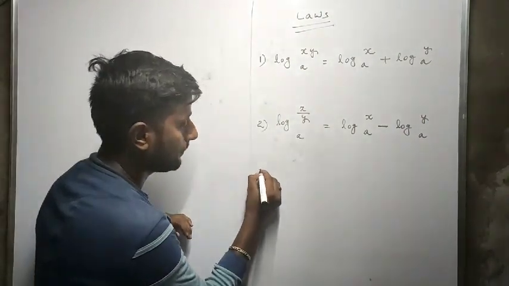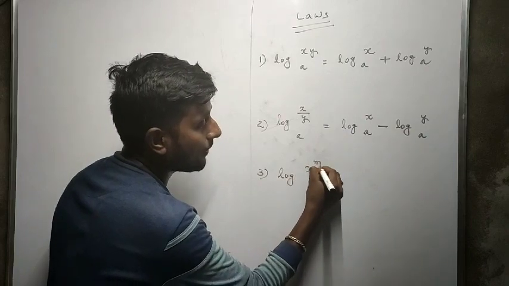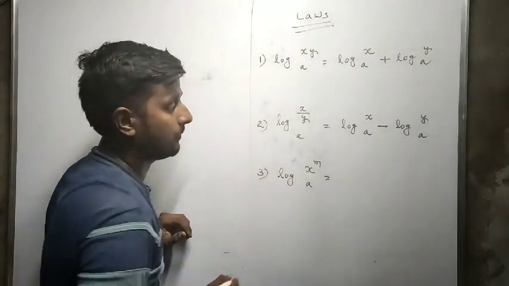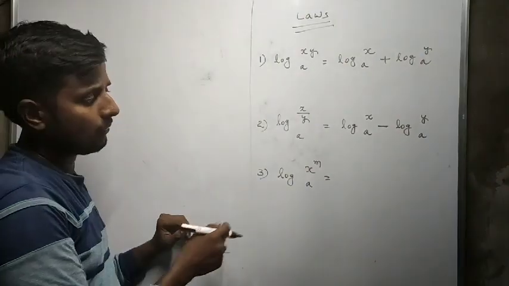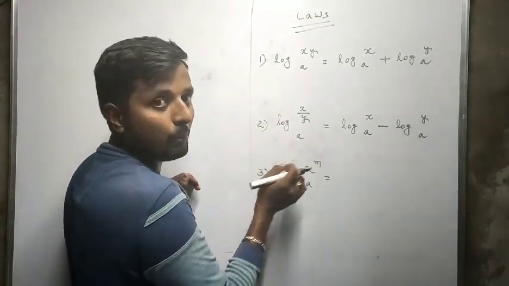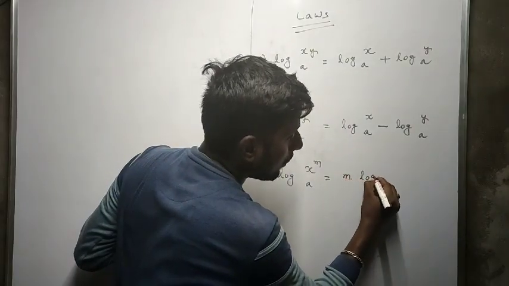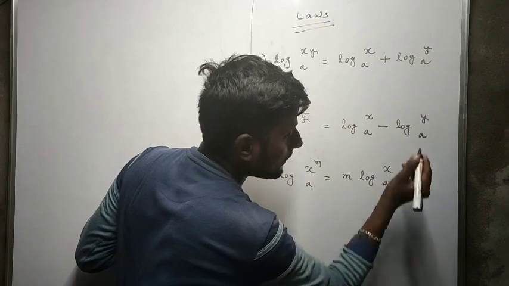Okay, next, log x power m to the base a. Look at what happened. The upper number has a power. So simply I can write m into log x to the base a.